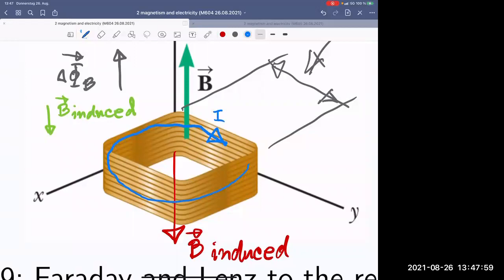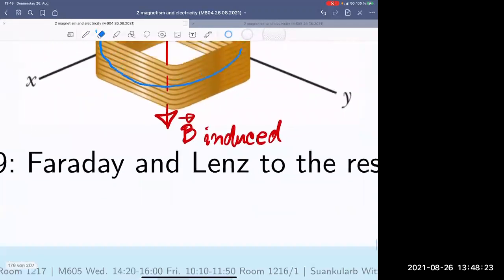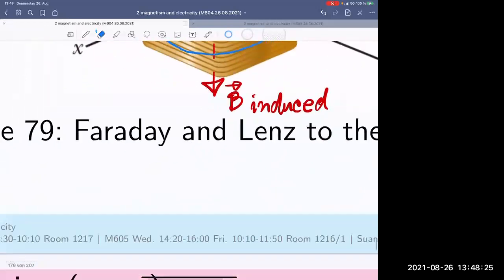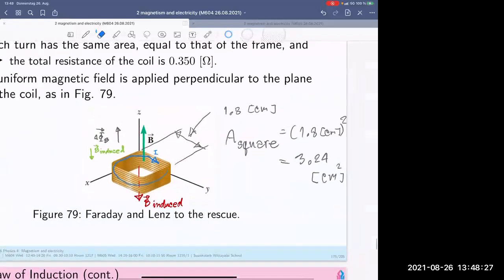If we apply the right hand to this one, your remaining four fingers will give you the direction of the current in this way. Yeah, that's it for the question about direction.